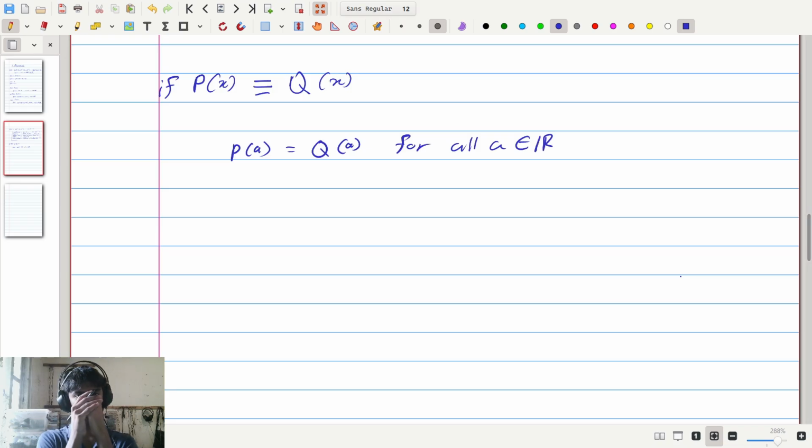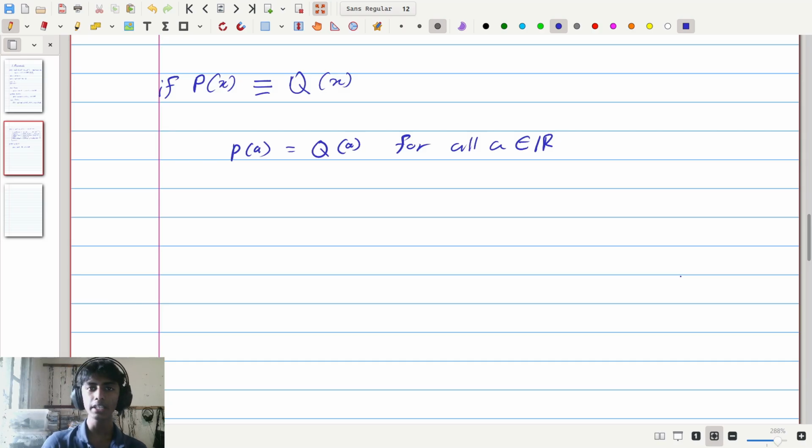No matter what you input here, p(a) will be equal to q(a) for every possible a in the real numbers that we could input.